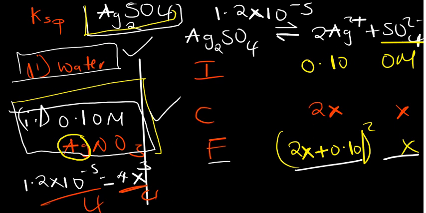So now, by contradiction, or in the second part of the question, in the third part, where they've given you 0.2 molar concentration of potassium sulfate.